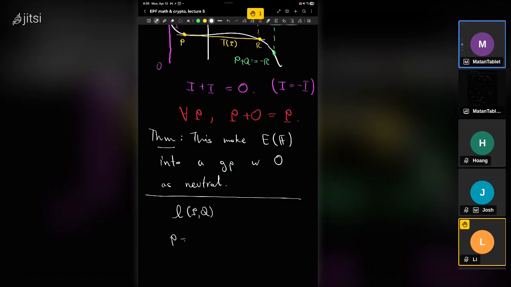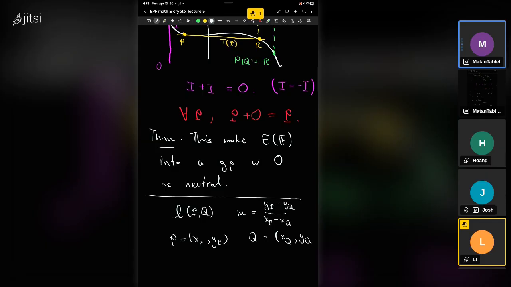Let's say P is (XP, YP), and Q is (XQ, YQ). Then the line between P and Q, you calculate first the slope, M. M is going to be, let's say, YP minus YQ divided by XP minus XQ.